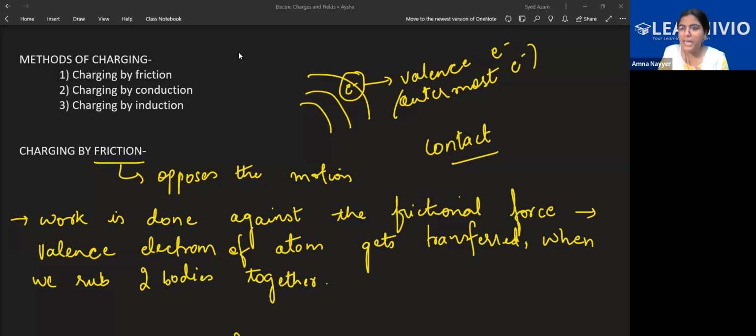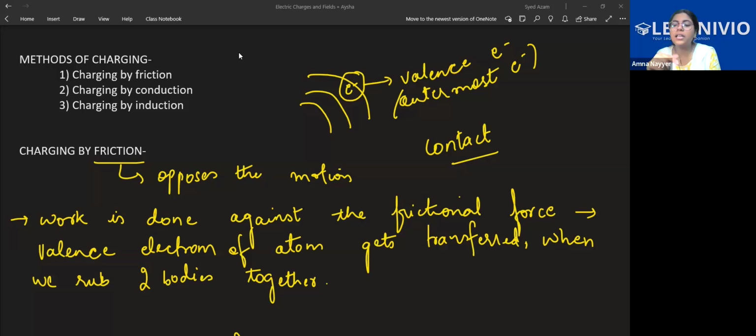Now, in electrostatics, the concept and theory of frictional force is the same. But in electrostatics, we don't see how or when the frictional force acts. You have to remember it opposes direction. Now, what will happen? We take two bodies, two spheres or two conductors, and rub them against each other.